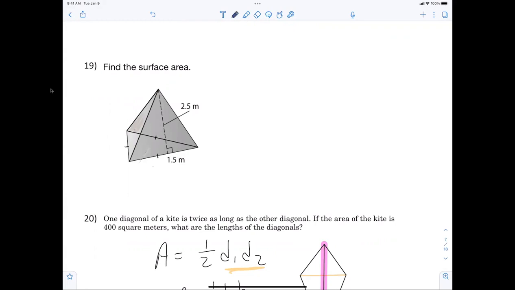Is that something you just memorized? No, I know that's the problem. What is the base? We need to calculate that area, right? So that's the base plus the triangles. So the number of sides is n, right?